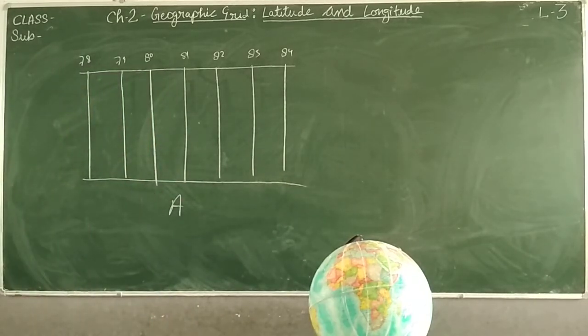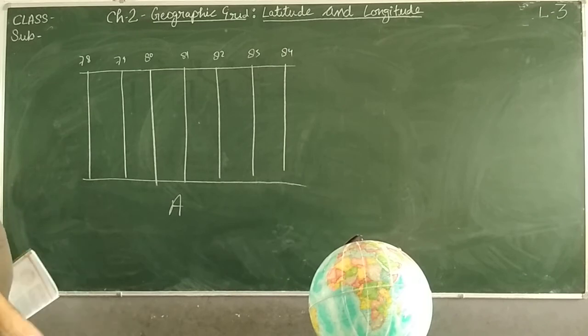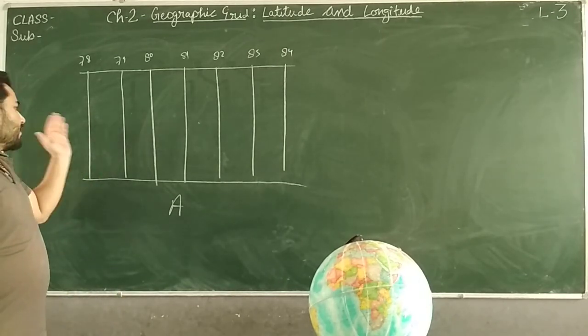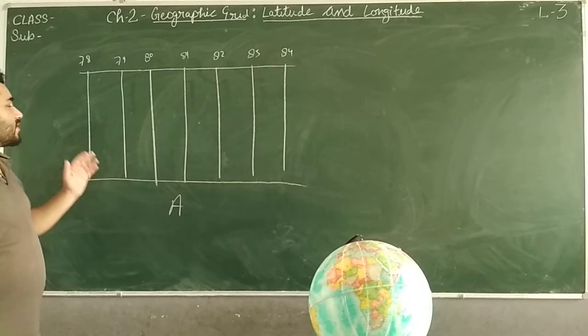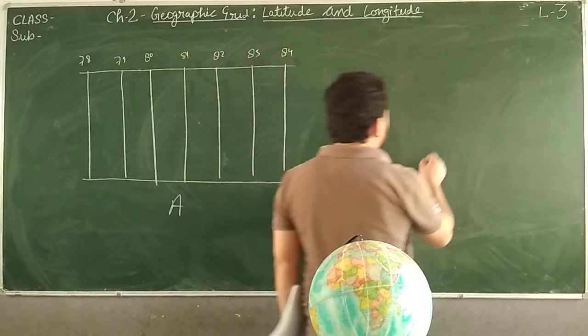Now we have to study the time here. Local time is the time when a place is directly facing the sun, when the sun is overhead. How can you come to know when the sun is overhead?